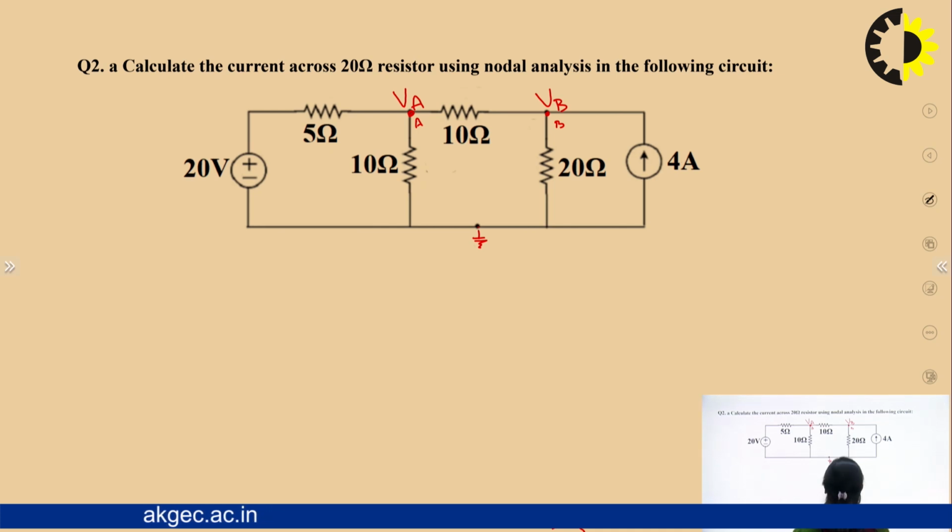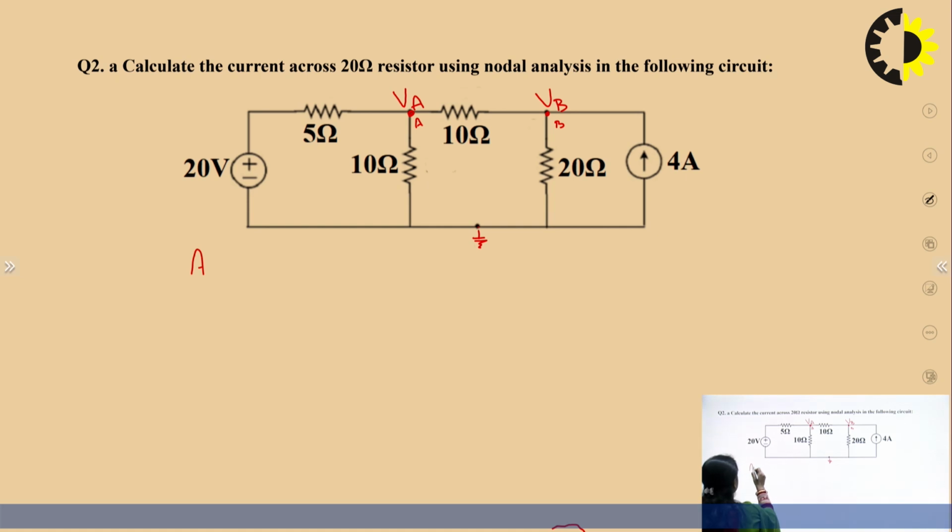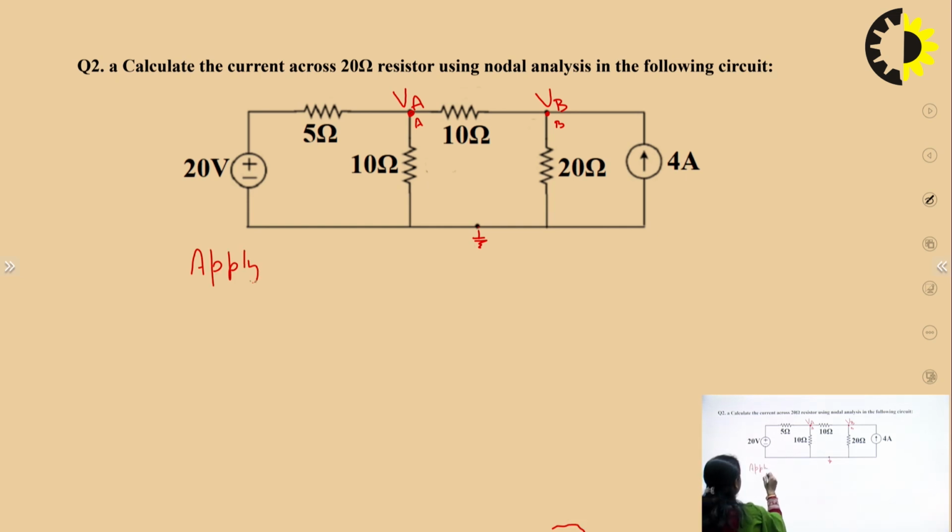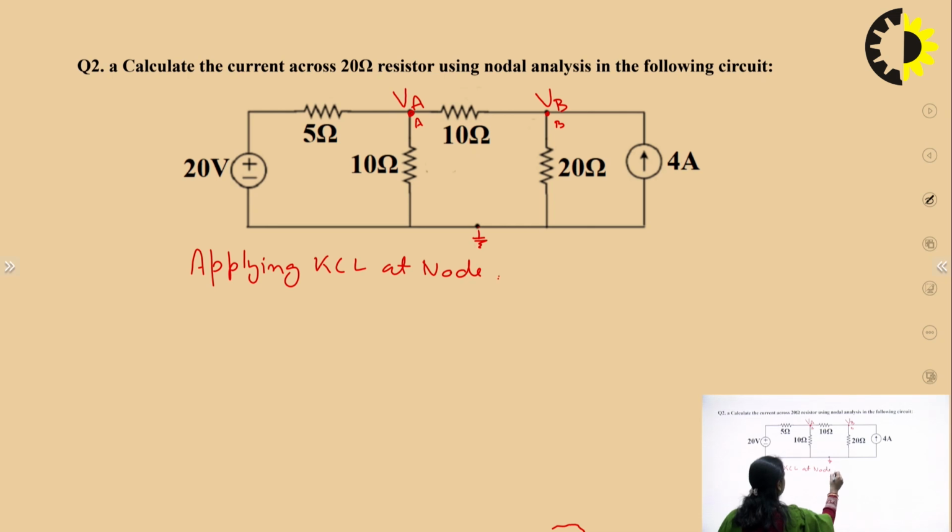So VA and VB. Now I want to apply KCL at node A, so you will write: applying KCL at node A. What does KCL mean? KCL means that incoming current is equal to outgoing current, or the algebraic sum of all the currents at a junction point is equal to 0.